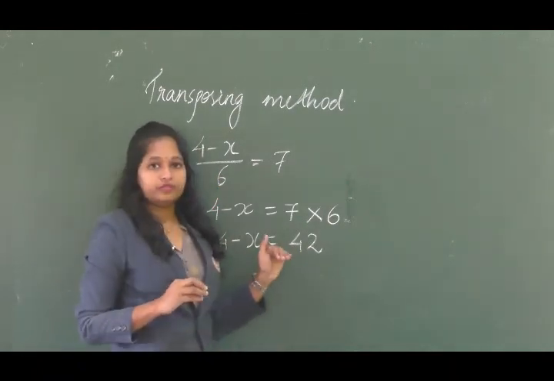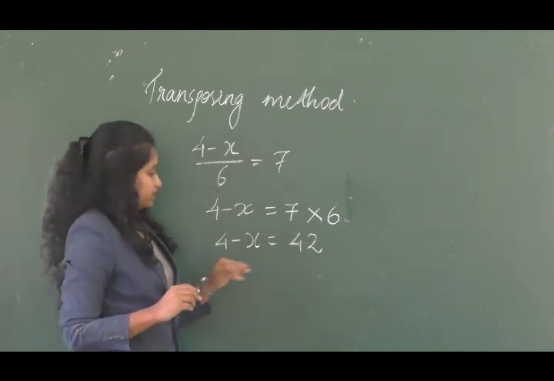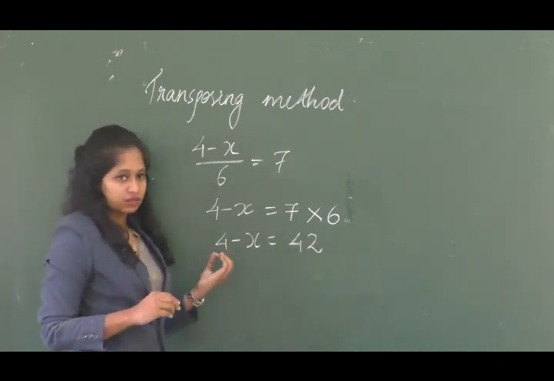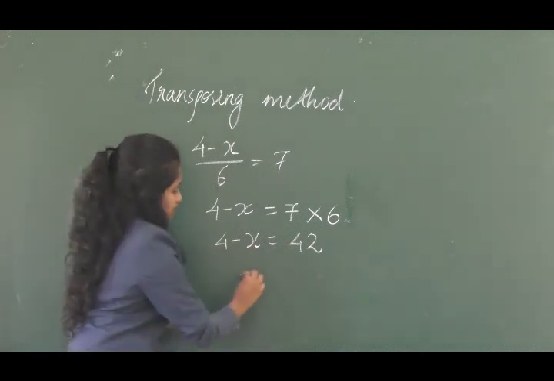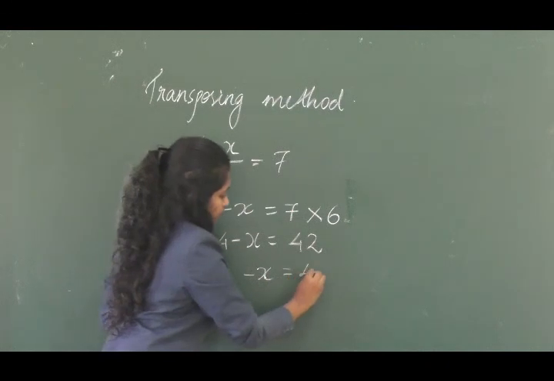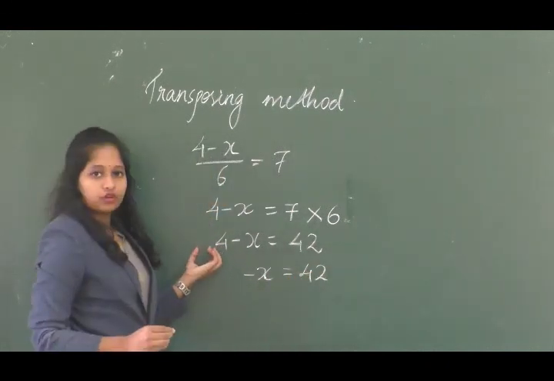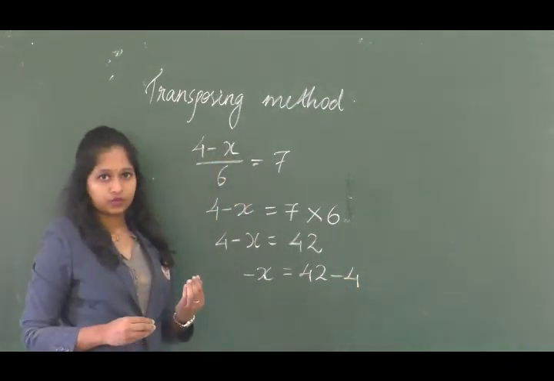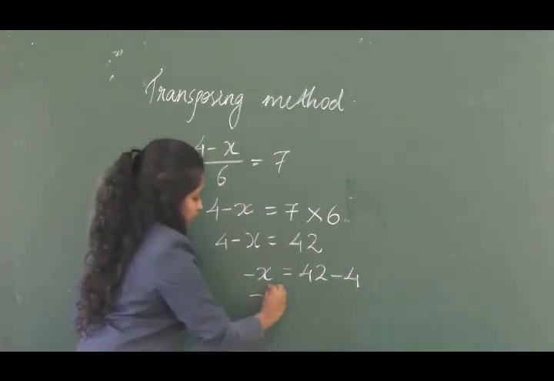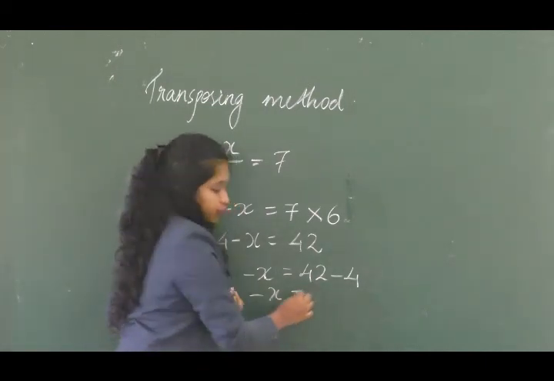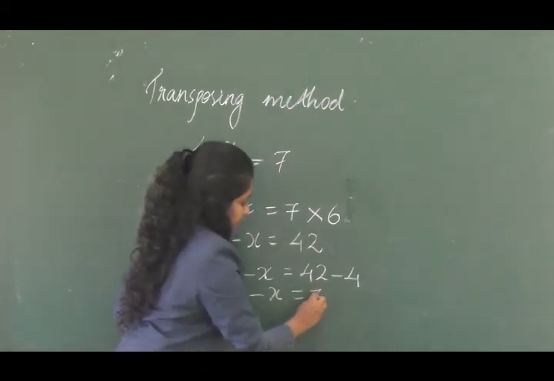Now we have to find the value for x. So take this 4 to other side, but this minus x remains the same here. Okay? Now when you take plus 4 to the other side, it becomes minus 4. Okay? Now we have minus x is equal to 42 minus 4 is 38.